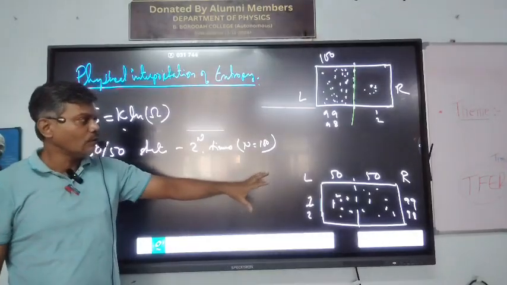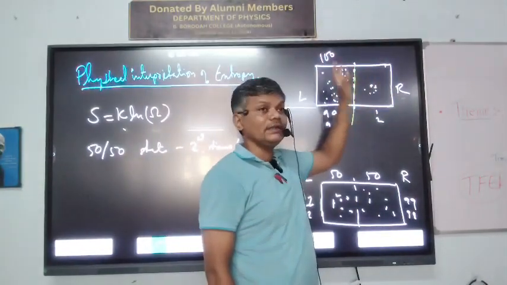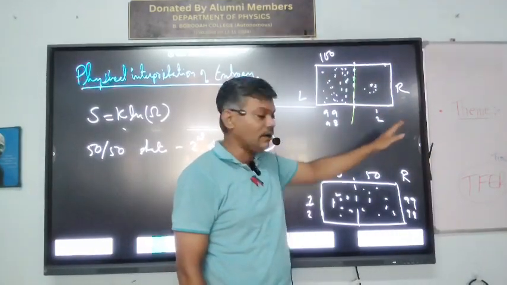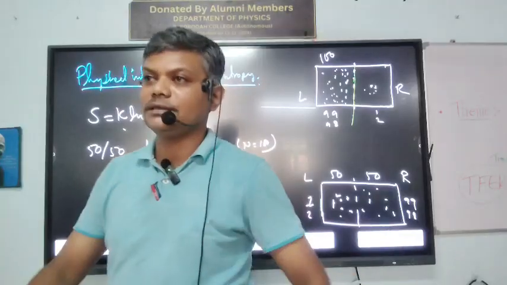So what I understood here is that the number of ways you get with 99 on one side and 1 on the other is far less than with 50 on one side and 50 on the other, where you can get lots of ways.